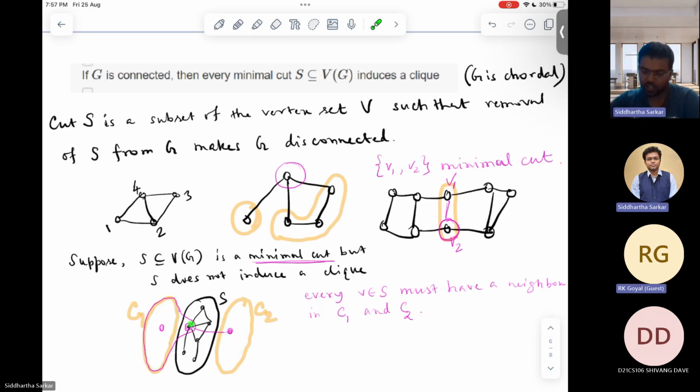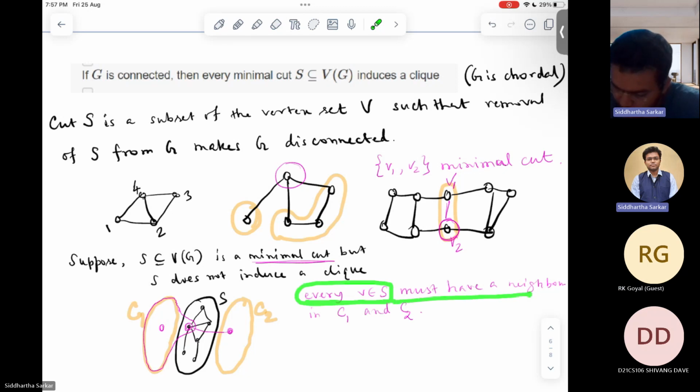This vertex is connected on this side only, so it is not contributing towards disconnecting these two parts. Therefore this cut is not the minimal one. So it proves that every vertex in the minimal cut S must have a neighbor in both the components C1 and C2.